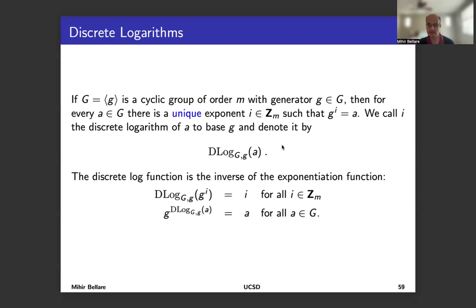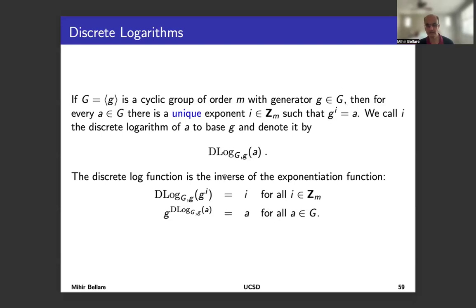One way to get some intuition about it is to see that it's the reverse of exponentiation. How is that? If I start with some integer i and raise g to that power, I get a group element. Suppose I ask you what's the discrete log of that? Well, you're just asking, when does g to the i equal g to the i?